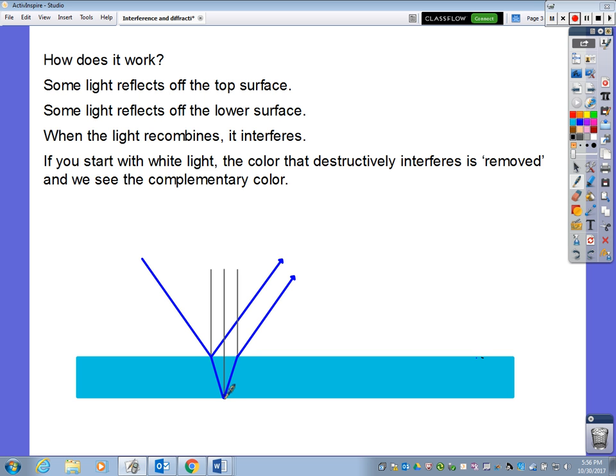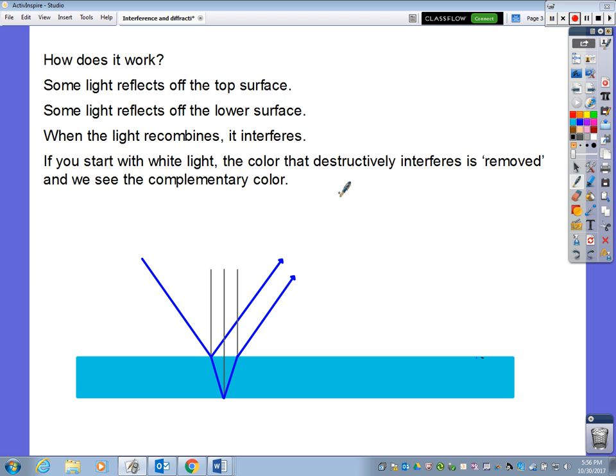It hits the bottom, reflects off the bottom layer, comes back up, refracts back out at the surface, and leaves parallel to the reflected ray. So both of the rays start here, interact with the surface, and then come out at the same angle. So if you're up here observing, you see those two rays together.